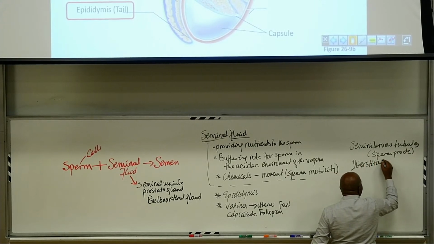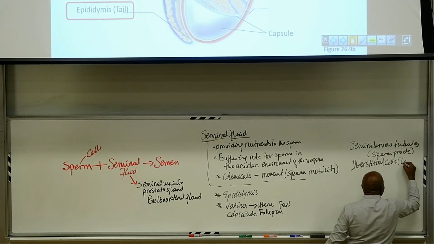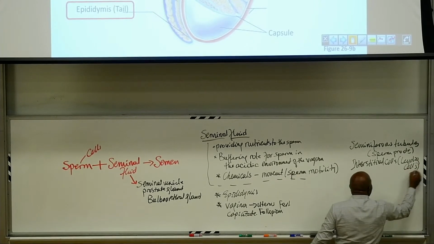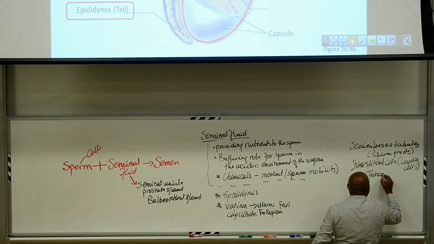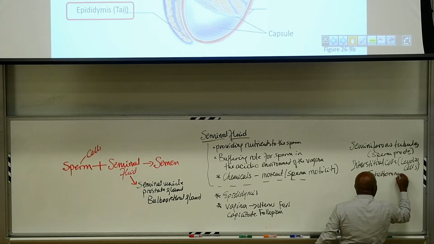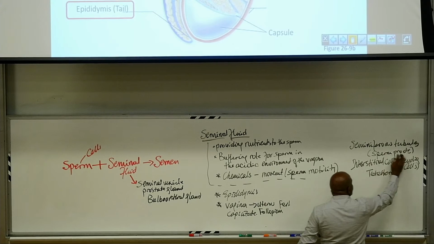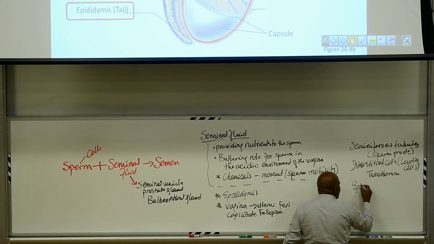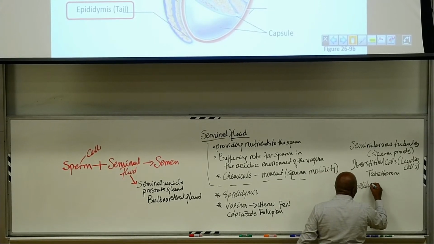Interstitial cells, the so-called Leydig cells, are responsible for testosterone production. And the sperm which is produced by the seminiferous tubules goes to the epididymis, where it will be stored and maturation takes place.